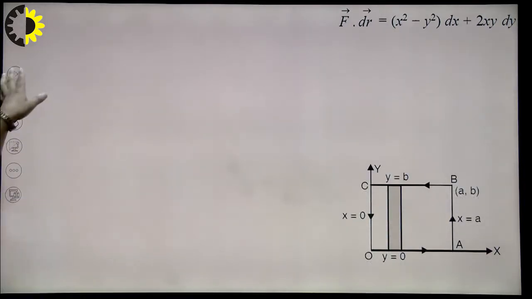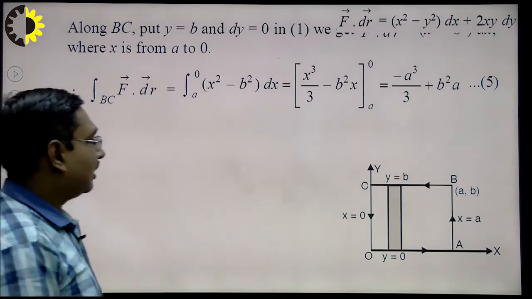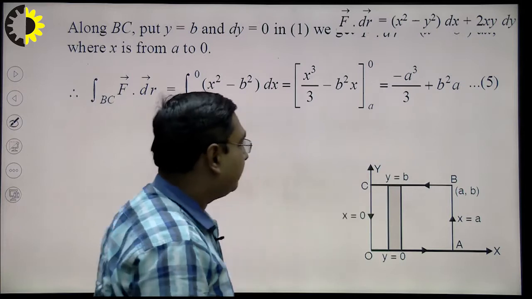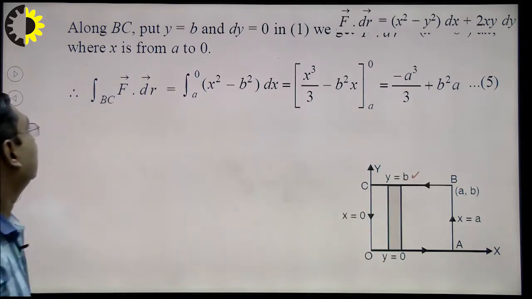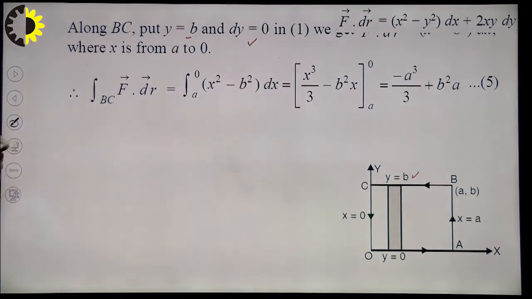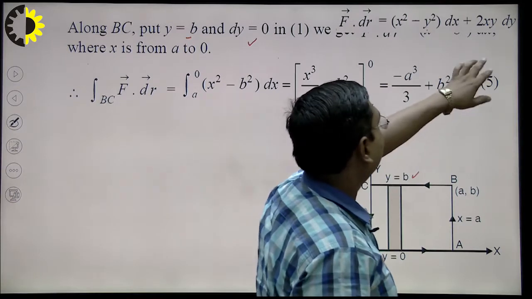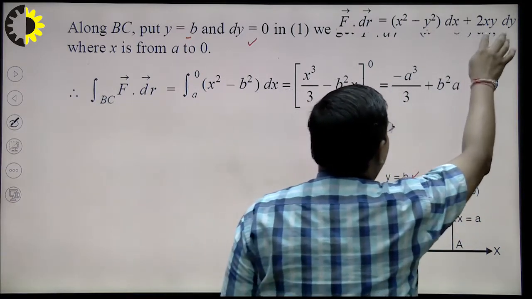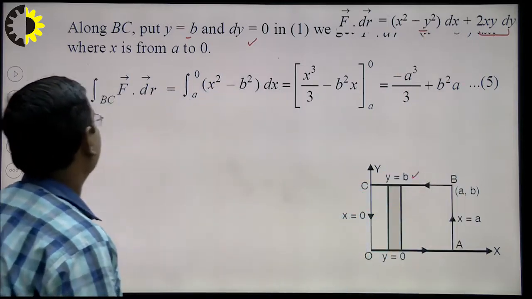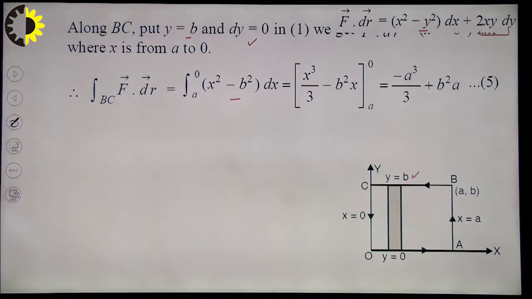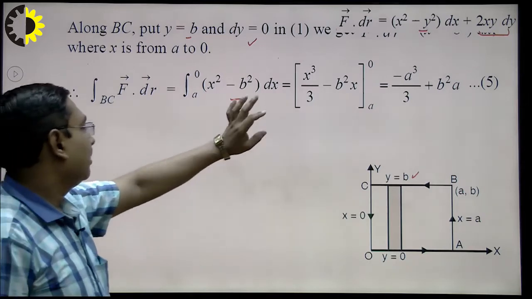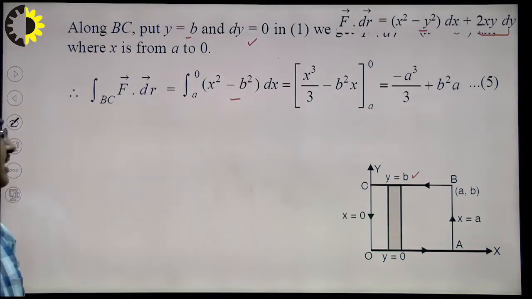Now, we shall move towards the third integral. The third line is line BC. The equation of BC is y equal to b. So, y equal to b gives dy equal to 0. Substituting y equal to b and dy equal to 0, this term will be 0 and x² − y² gives x² − b². Because the integral is in terms of x now, we are required to apply limits of x.